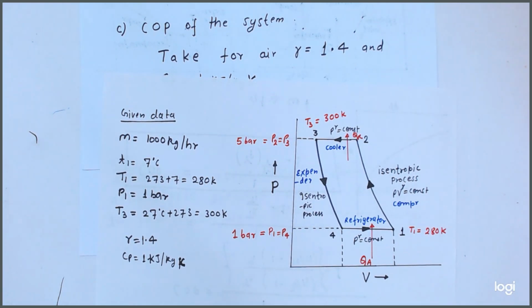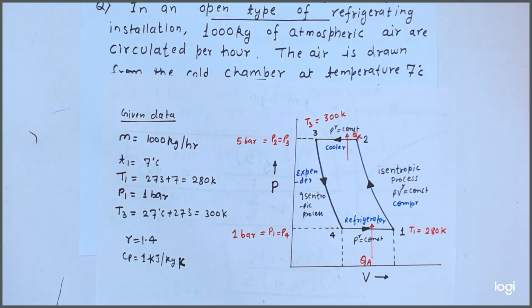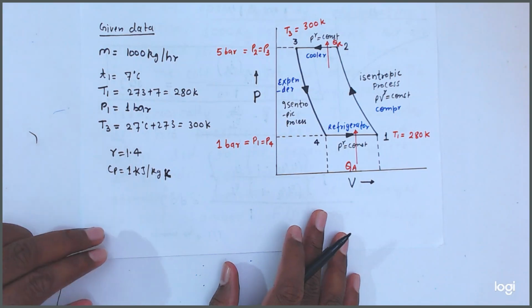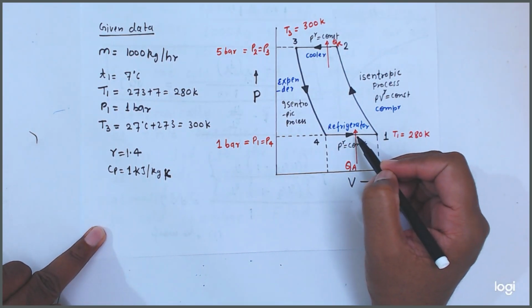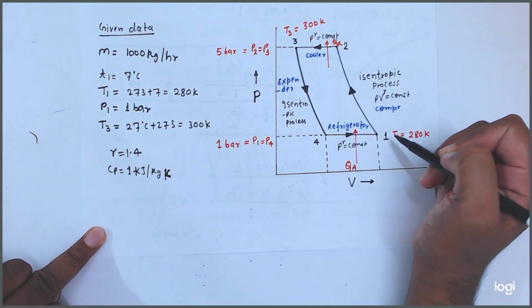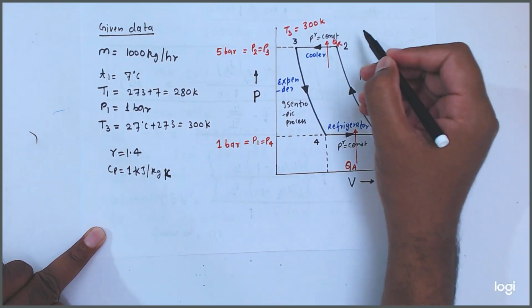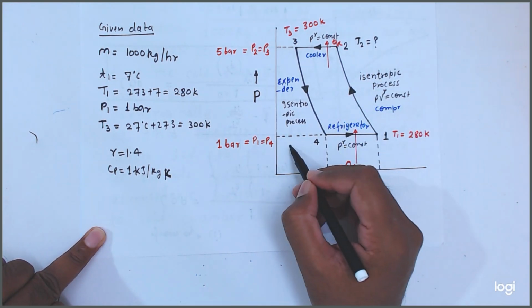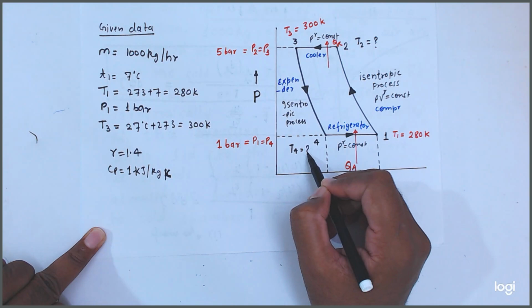Now friends, now we will find all temperatures, like here the temperature at this point T2 we will find, T4 we will find.